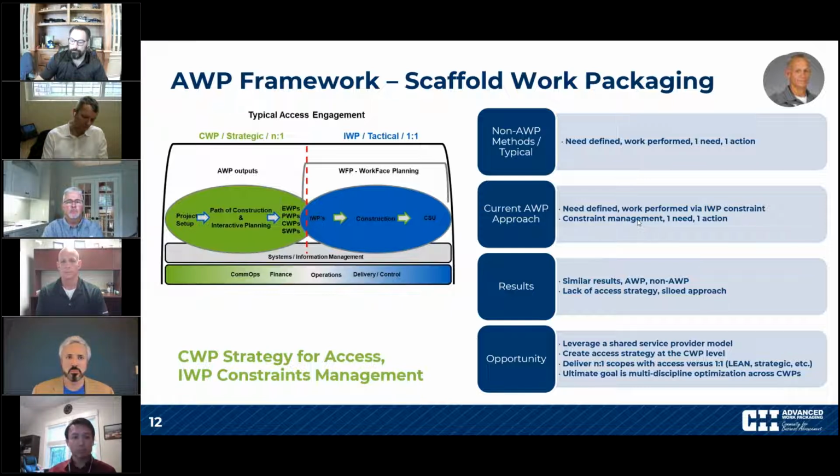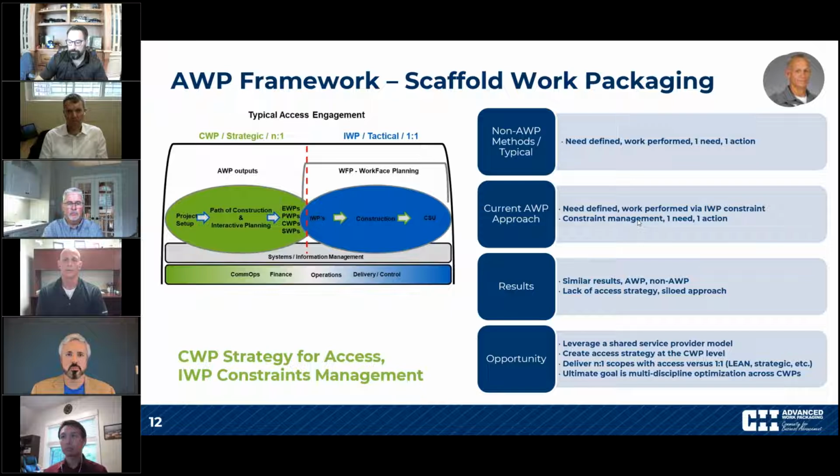What we've come away with, and what we're identifying in the first draft of the document, is to think of access as a shared service provider type environment. That doesn't mean an individual provider; it means anything to do with access is thought of as a shared service, and everyone should have the same language and the same data standards.